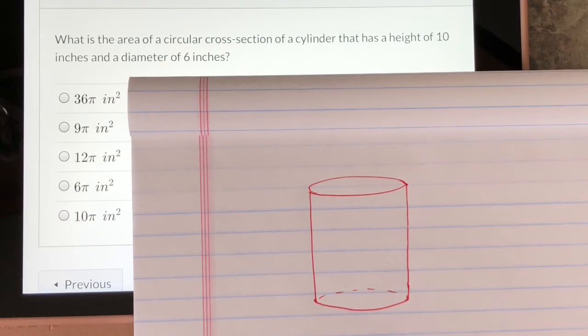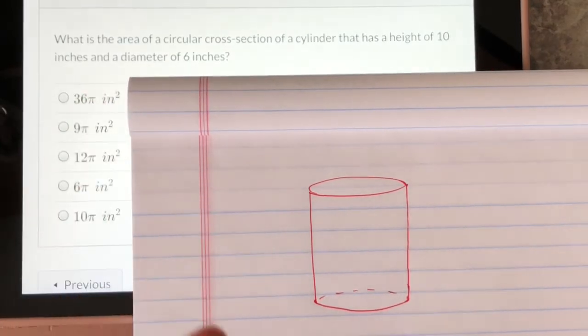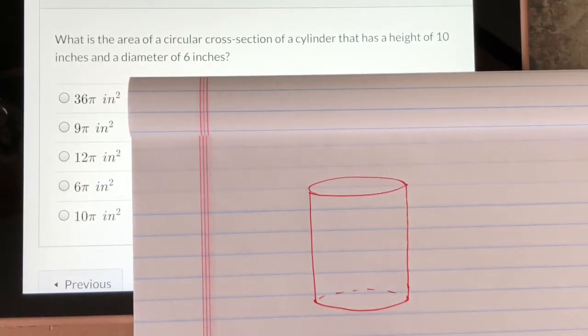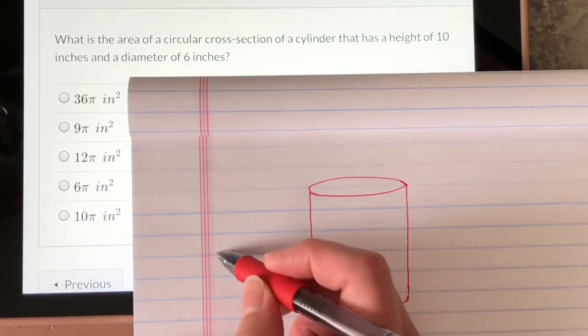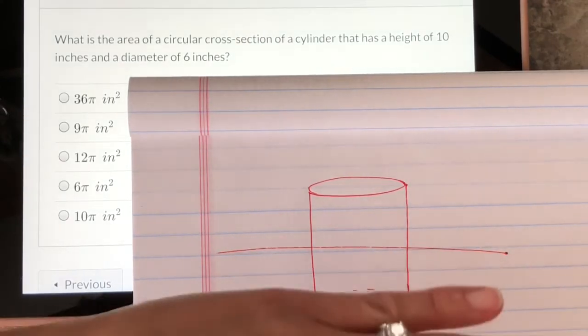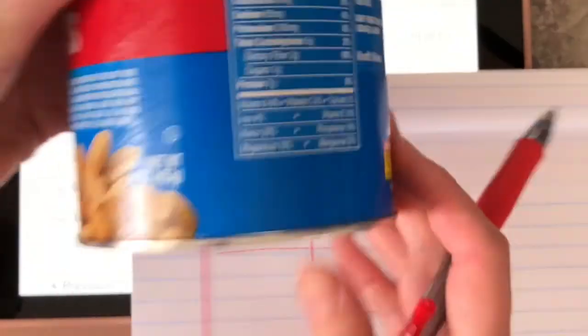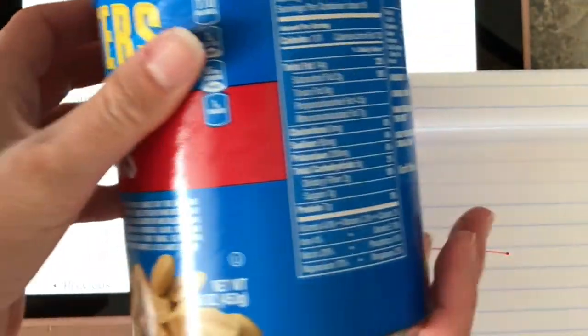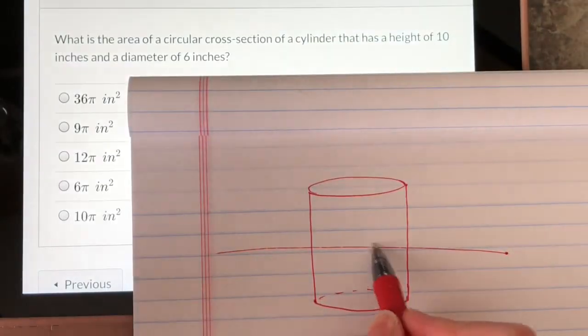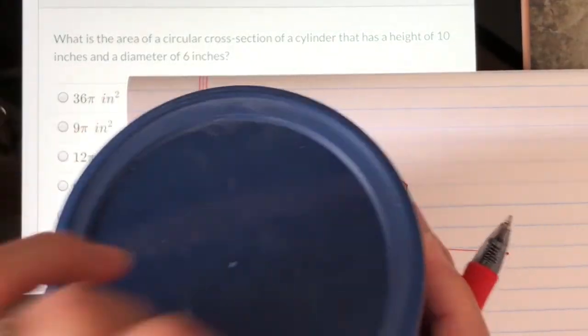There are a few different types of cross-section that you can create in a cylinder, but a circular cross-section means it's just gonna slice it directly parallel to the base, which means that cross-section is gonna be exactly the same size as the base.